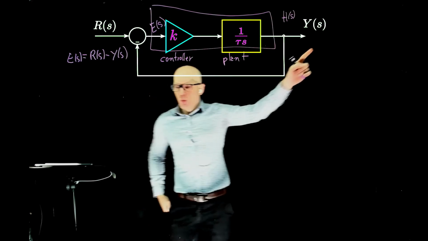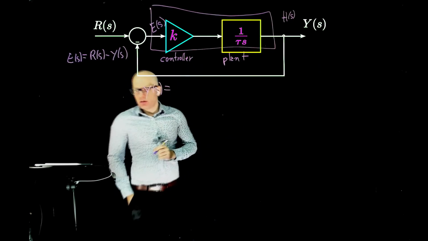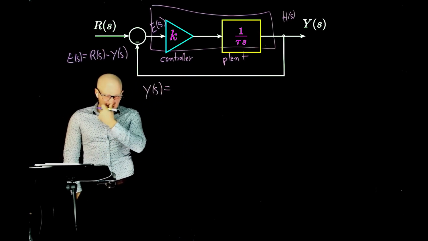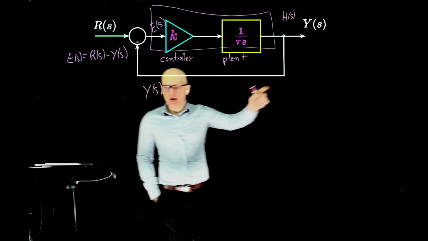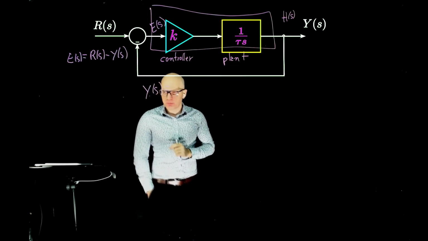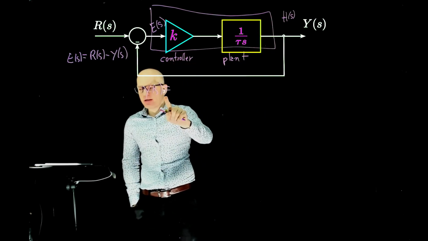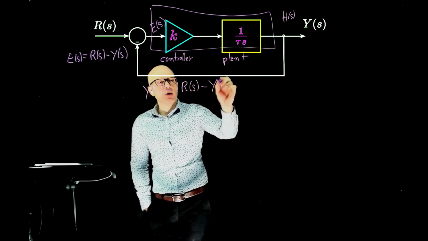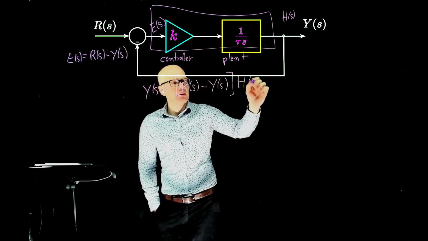We can say that y of s is equal to what? What would be the expression for y of s? Isn't y of s this value here multiplied by h of s? Wouldn't it be the error times h of s? So y of s would be r of s minus y of s, multiplied by h of s.